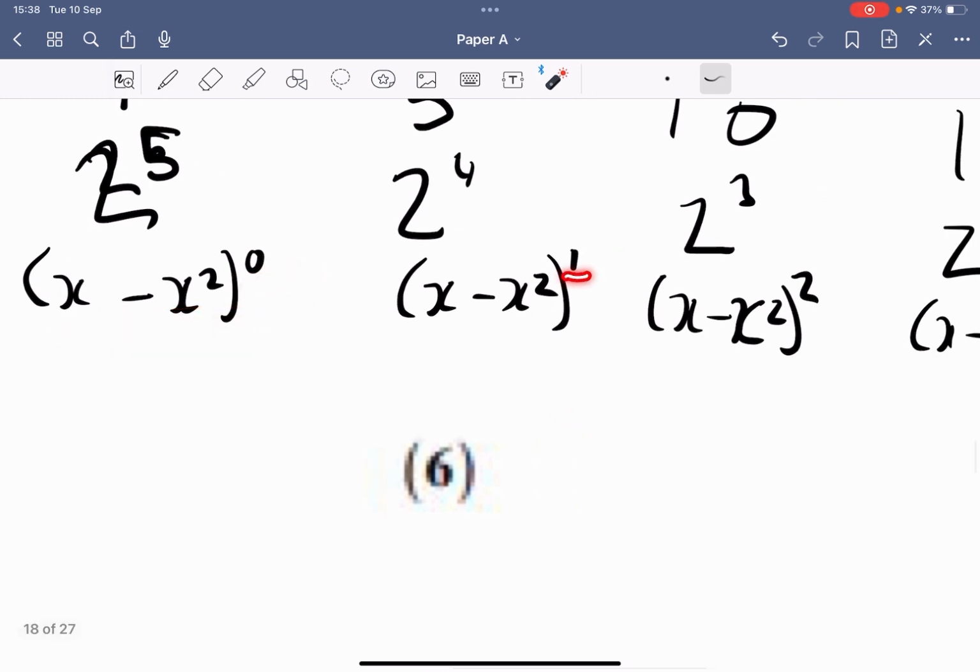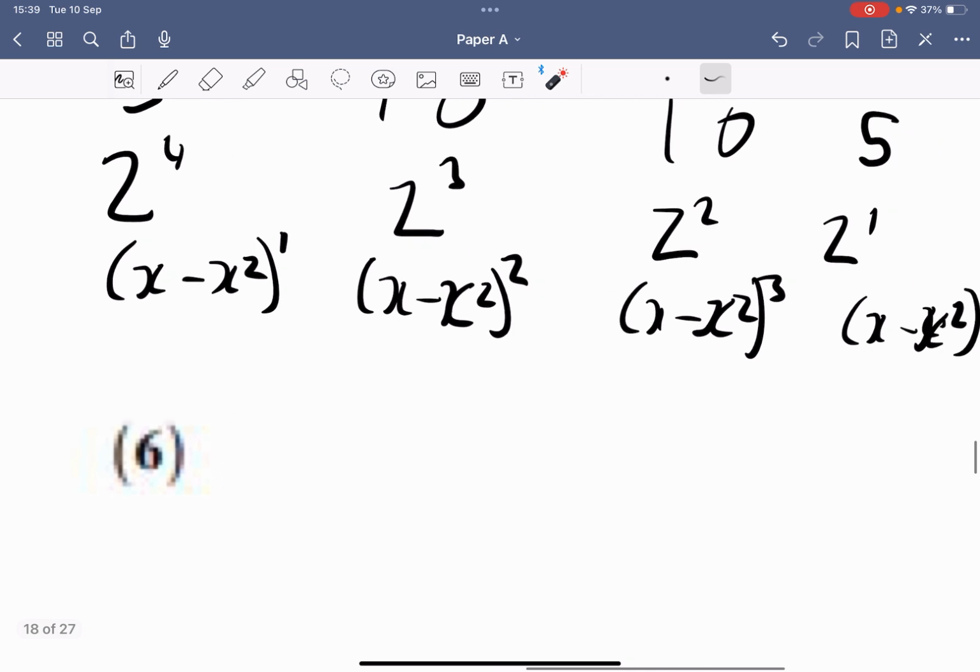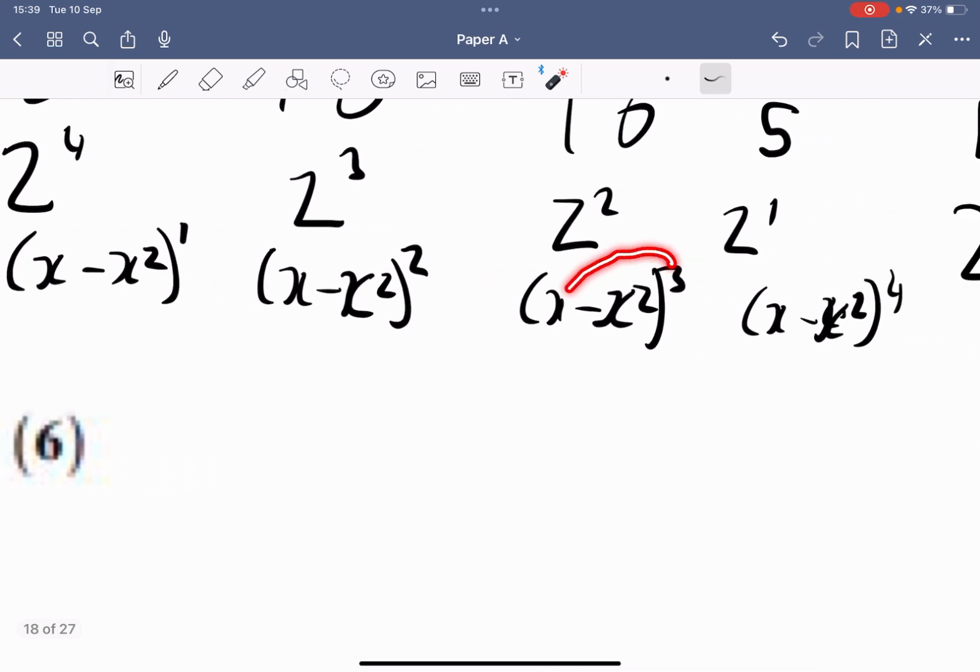Here we would get an x term, and here we'd get an x squared term. We'd also get an x to the power 4, which we don't need. We also might get a cubic. We probably would get a cubic. Here we'd get an x cubed term that we do want.